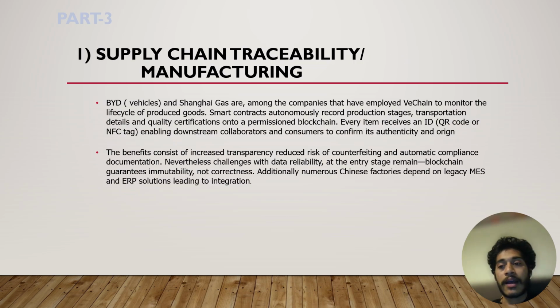In part 3, as I said previously, I have used industrial use cases. The first is BYD vehicles, for supply chain traceability in a manufacturing unit. I have taken this project across various zones, in a country, China.